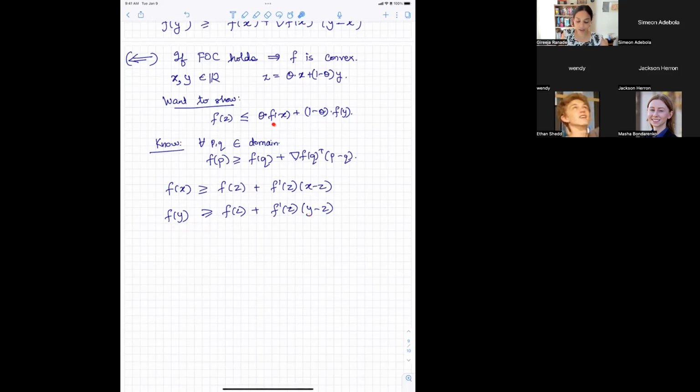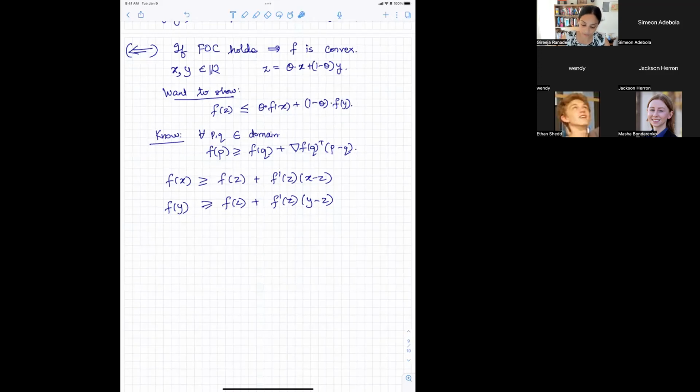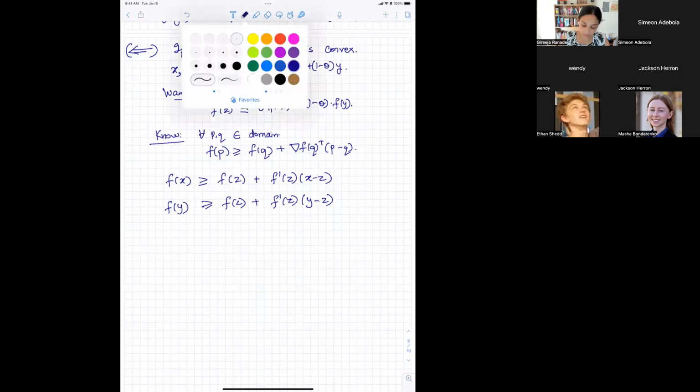And I want to have f of x and f of y on the greater than side and f of z on the less than side, so I happen to choose it this way, right? I could also write something where f of z is greater than f of x plus the derivative at x times z minus x. There's two ways of connecting these things, but given what I'm trying to prove, this is the way that seems to make sense.